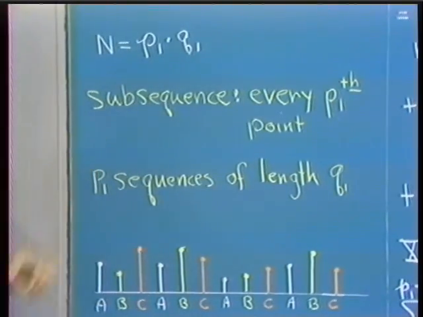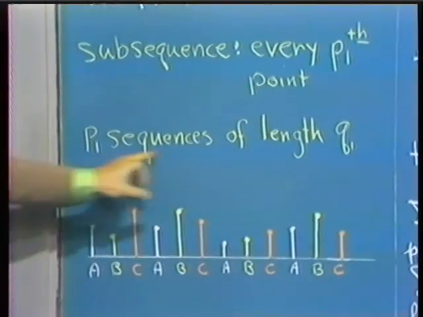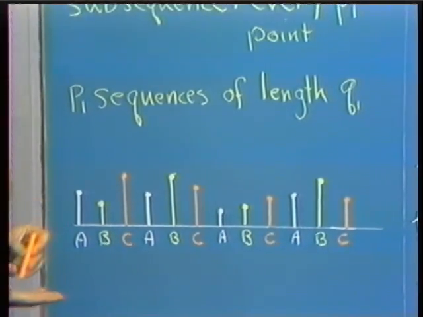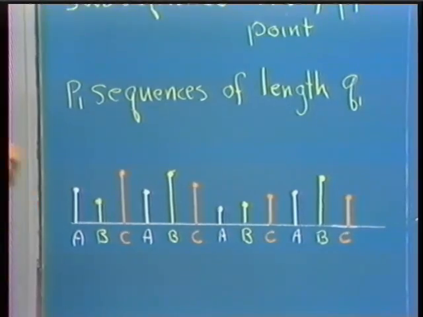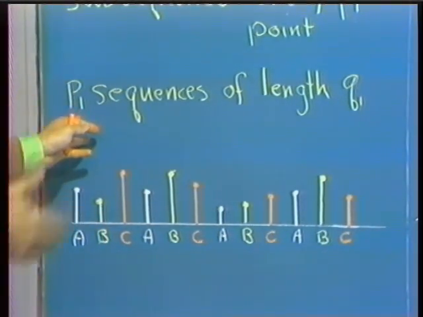More generally, then, if we had, say, n equal to 12 and p1 equal to 3, we would generate 3 subsequences, each consisting of 4 points, chosen by selecting every p1th or every third point.